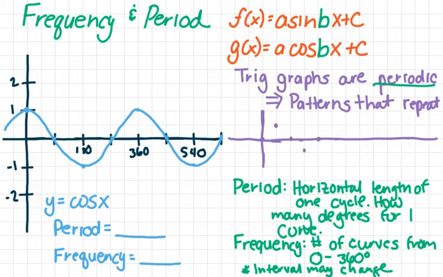Repeating my function now, or pattern, goes back to 1, 0, negative 1, 0. Repeating it for a third time, 1, 0, negative 1, 0. So here I can see 3 sine curves graphed.